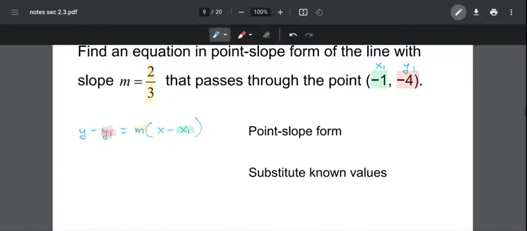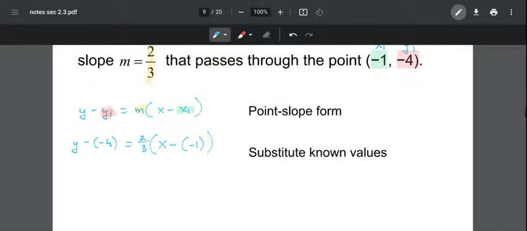Okay, so we have y minus y1 equals m, which is 2 over 3, times x minus x1. So we're going to substitute the values, and then we're going to simplify. Two negatives will give you plus.